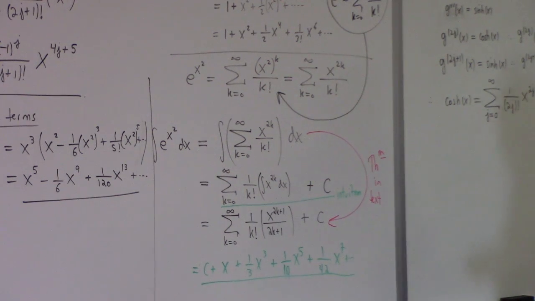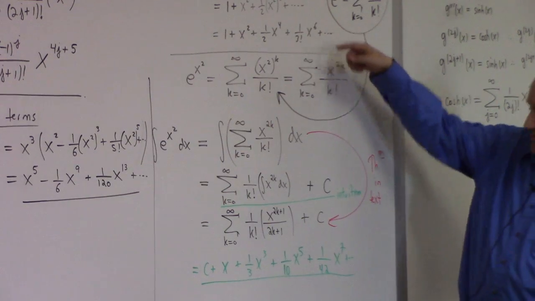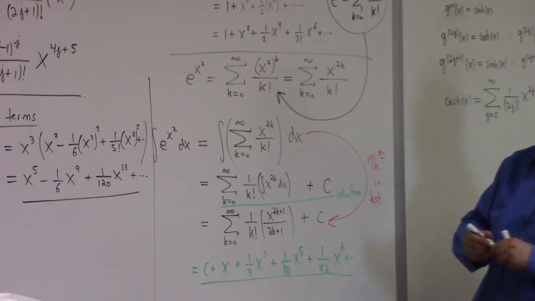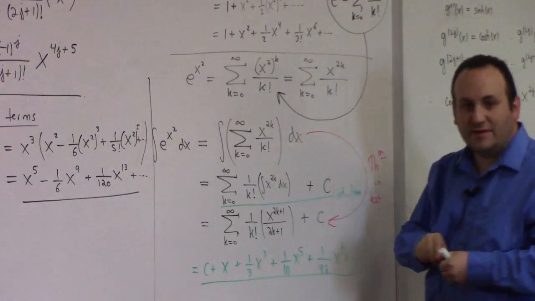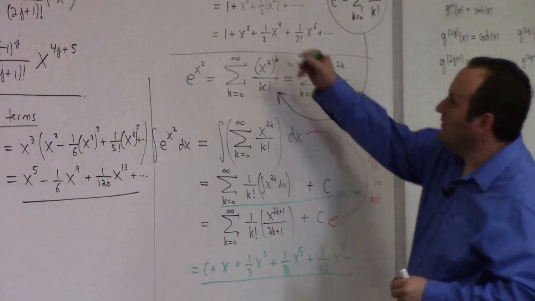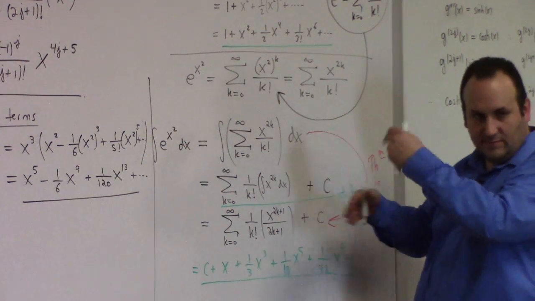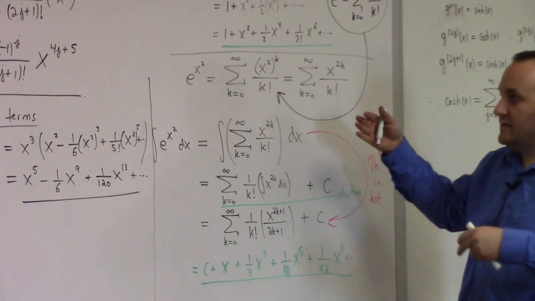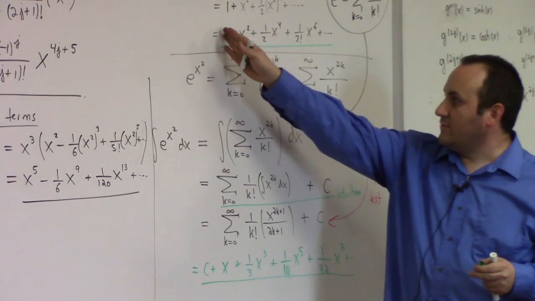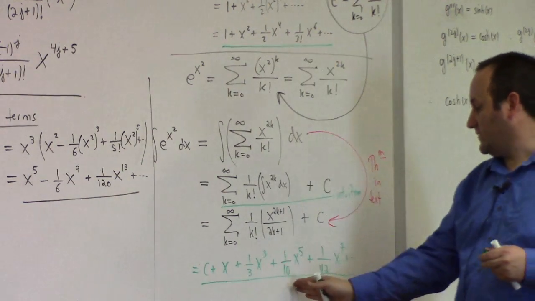So maybe just the first 5 terms. Right. In the green, to see where the green came from, if you look up, there are 2 different ways of calculating here, right? The full series versus just the first few terms. So here I'm illustrating, if you don't want to get into the summation k formula, you can also do term by term, right? Integral of 1 is x. The integral of x squared is 1/3 x cubed. This integrates to 1/10.